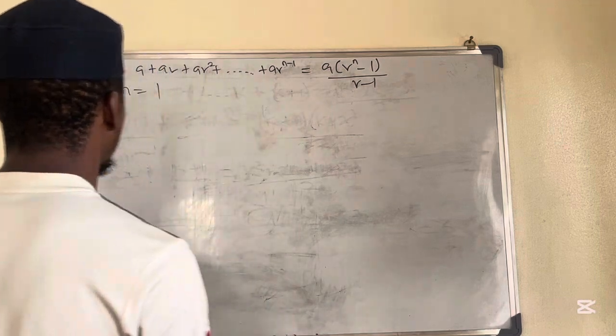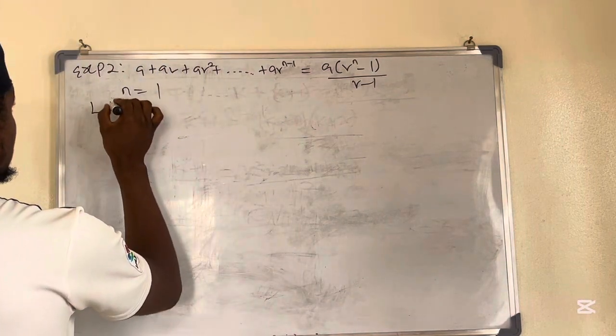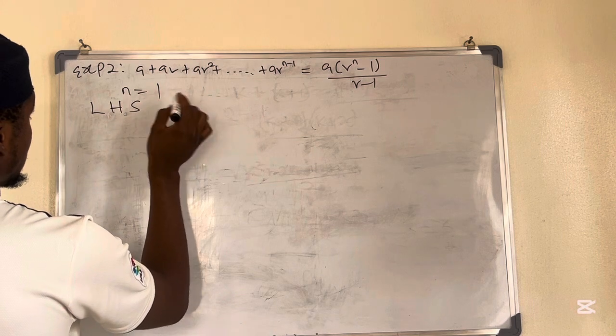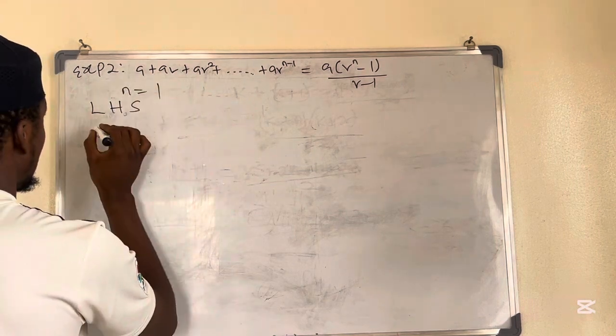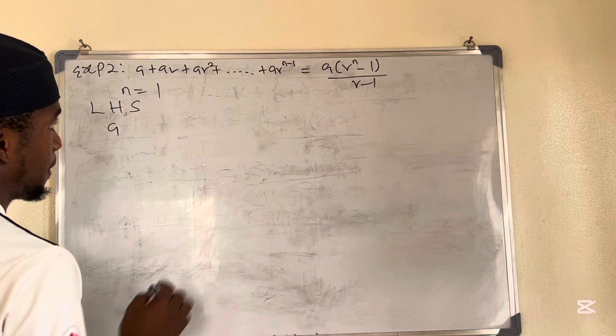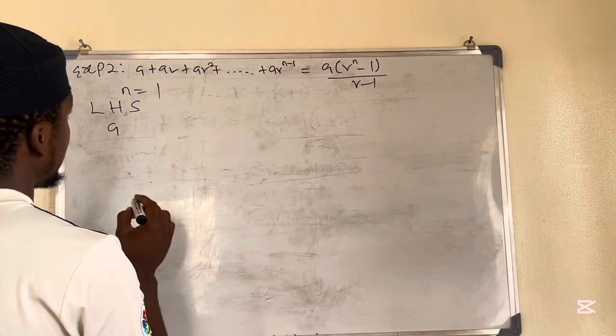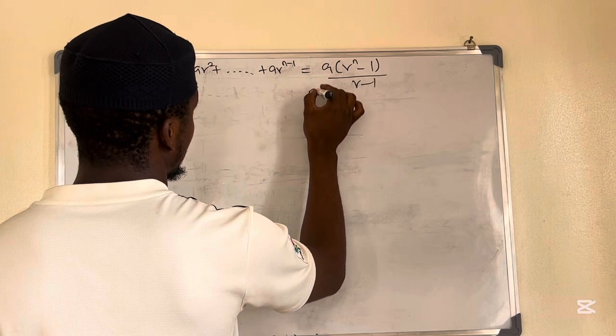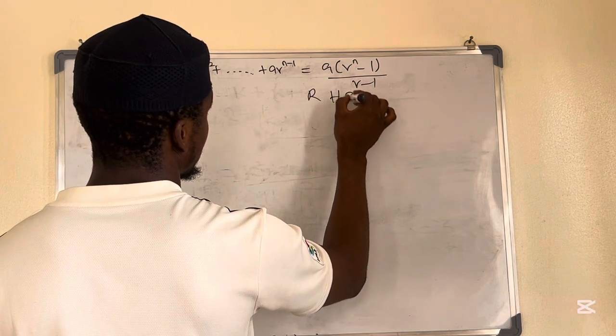For the left hand side, n equals 1 is talking about the first term, so a. Let's see if we're going to have a on the right hand side when we substitute the value of n.